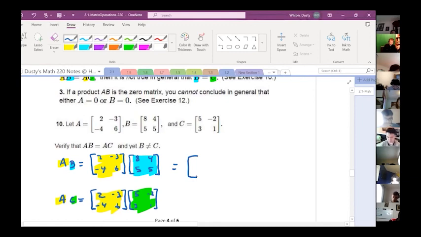So A times B, 16. We've got 1, 8 minus 15, 7, 32, minus 2, 16, plus 14. Okay. 1 equals 10 minus 1. So far, so good.